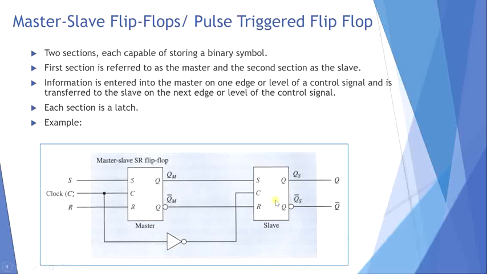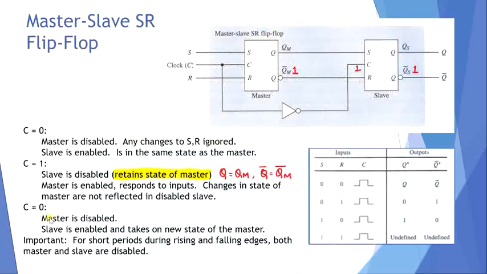So this is the master, and this is the slave, which will follow the master depending upon what control signal you apply. Let us look into more detail with the master-slave SR flip-flop. Remember, here I am considering still level triggering. I have not entered into the concept of edge triggering.